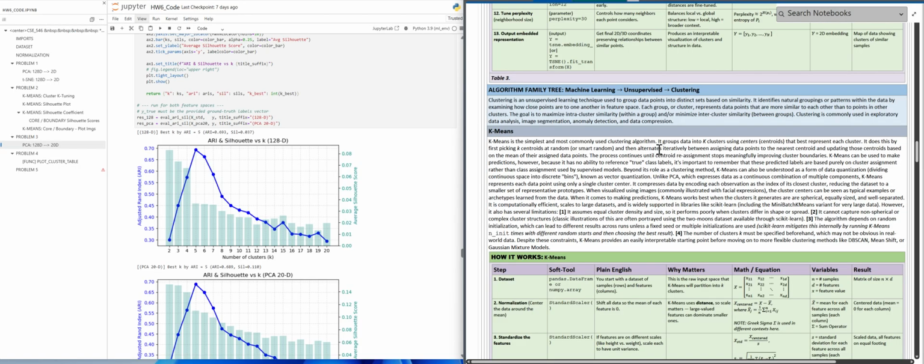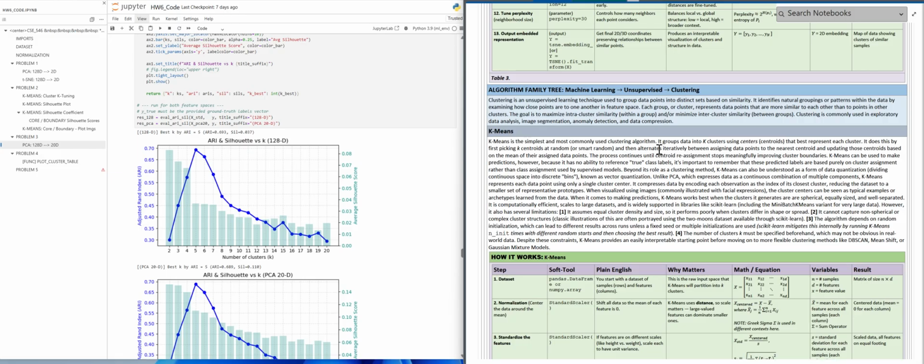It randomly selects from the data points, and there's a smart random initialization that scikit-learn provides. But I ran that, and it didn't make any difference for this particular study.